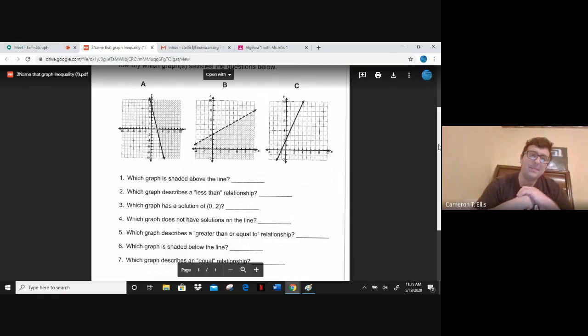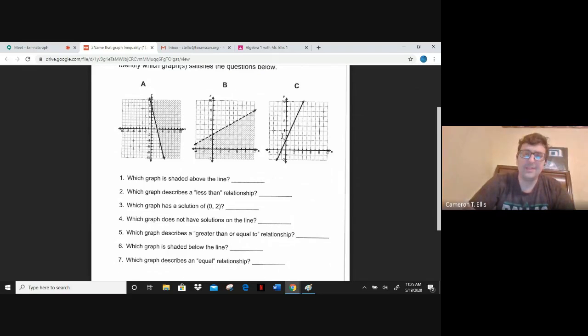So this one, I might even say it's even easier than the first one. Less than has to have a dotted line, shaded portion below the line. And there's only one graph here that has that, right? Which one has a dotted line, guys? Only one graph has a dotted line, and that's going to be your answer. Okay? And then it's clearly shaded below too, if you can look at it.